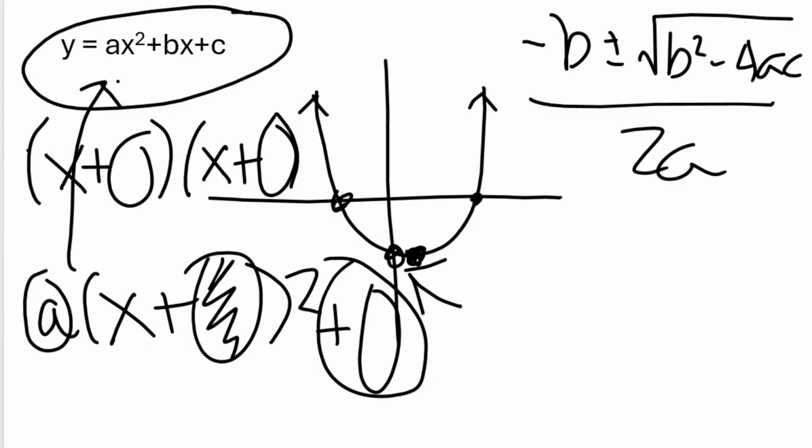So the open space here is the opposite, and this value is the actual y coordinate, because if you end up plugging the x value of the vertex into this equation, again, it'll cancel out and it'll leave you only with the y coordinate left.